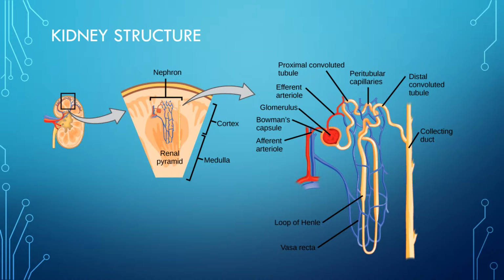These then empty into the collecting ducts. The collecting ducts fuse together and enter the papillae of the renal medulla. The urine passes through the renal medulla as a fluid with high sodium content and leaves through the renal papillae, which then goes into the renal pelvis and into the bladder through the uterus.